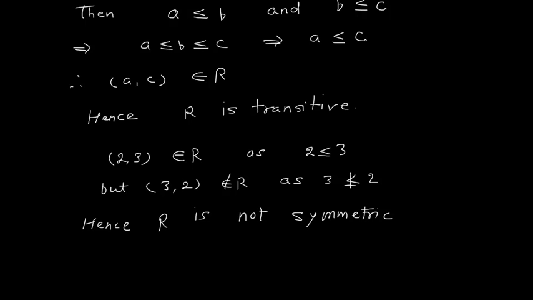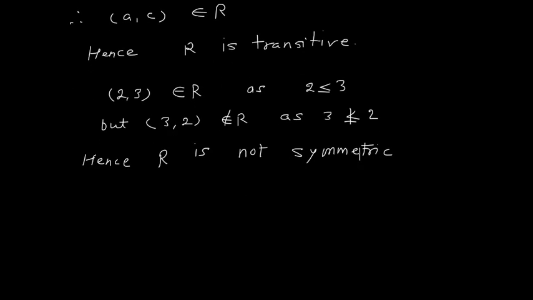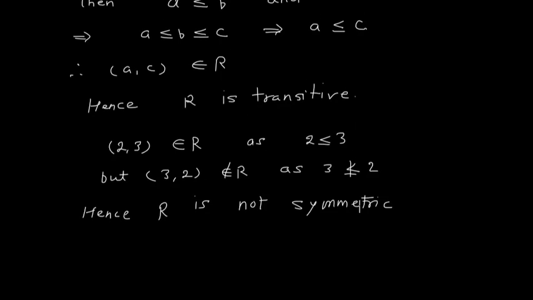And last, we took one example that (2, 3) belongs to relation, but (3, 2) does not belong to relation. Therefore, R is not a symmetric relation.